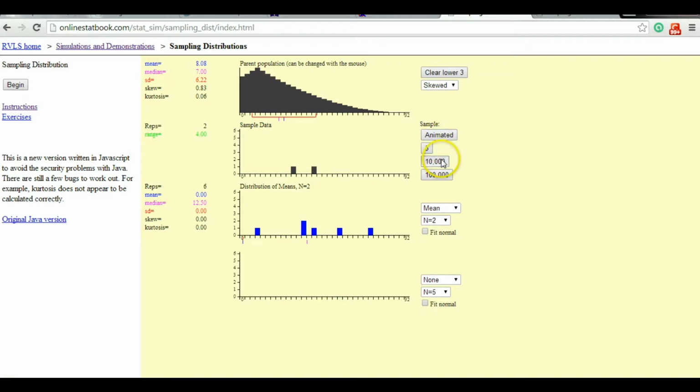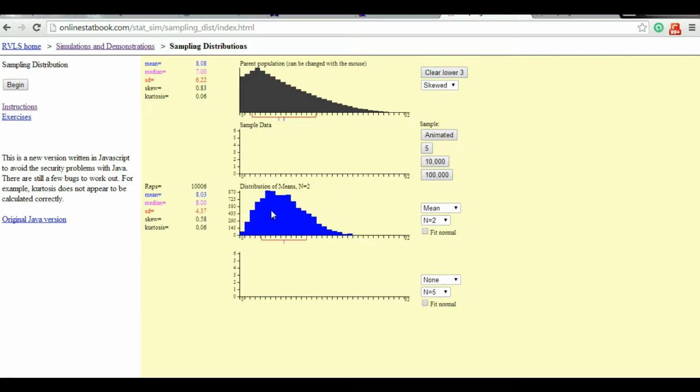Okay, so let's do 10,000 samples. Let's talk about what happened in comparison to the population distribution. Well, we had a mean up here of 8.08, and our sampling distribution down here has a mean of 8.03.